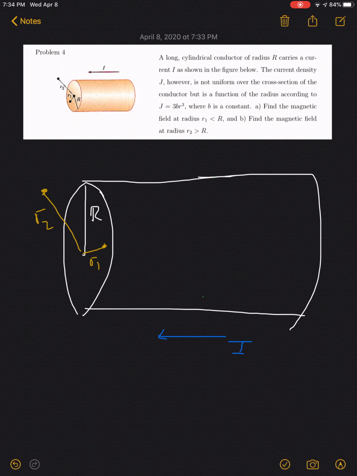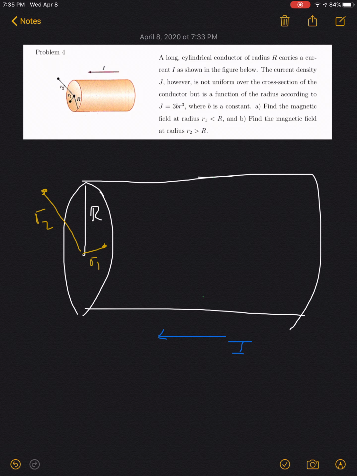So you have to mess around with some stuff and do some integrations. But once you find what that current enclosed is, the behavior as a function of the radius outside of the wire should be exactly like what we've already seen. That is 1 over the radius.